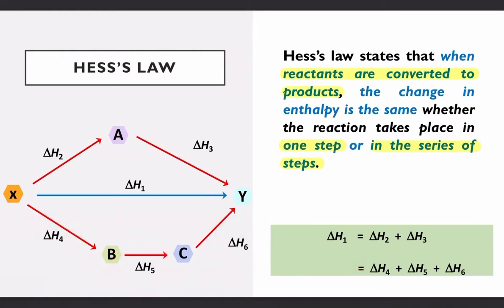So let's say if we want to find delta H1 and we have delta H2 and delta H3, we can find delta H1 by just adding them up. If we have delta H1 and delta H2 and we want to find delta H3, we'll just have to rearrange our whole equation to get the enthalpy change that we want.